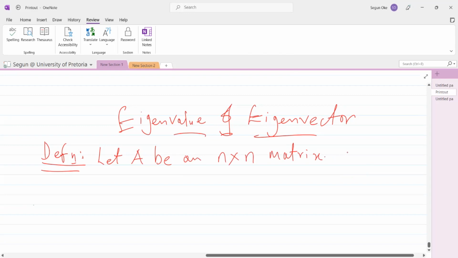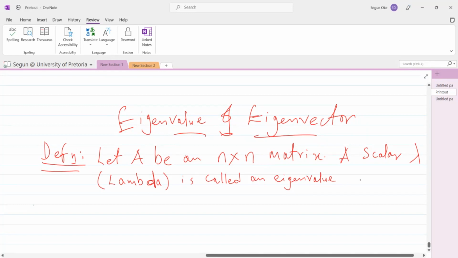A scalar lambda, this is lambda, it's a Greek letter, is called an eigenvalue of A. You can underline it, an eigenvalue of A.